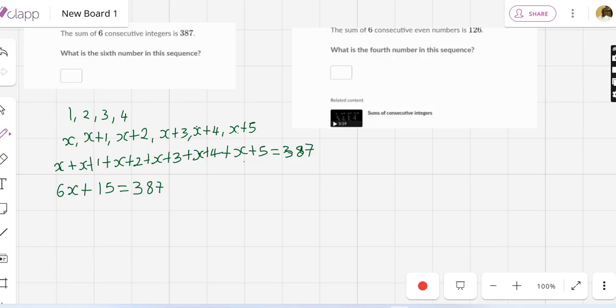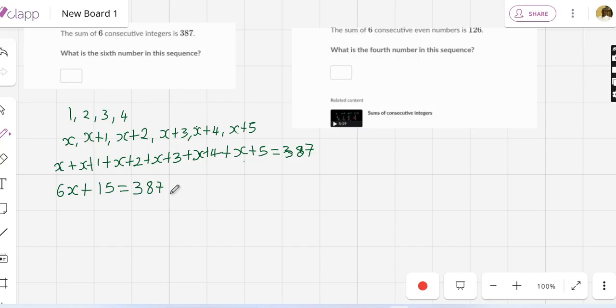Right, so the next thing we need to do now is to move the numbers to one side. Look at it. There's 6x here. This is 15. The number that we have here is 387. 15 is a number. 387 is also a number. So you move numbers to one side, or you can say, let's subtract 15 from both sides.